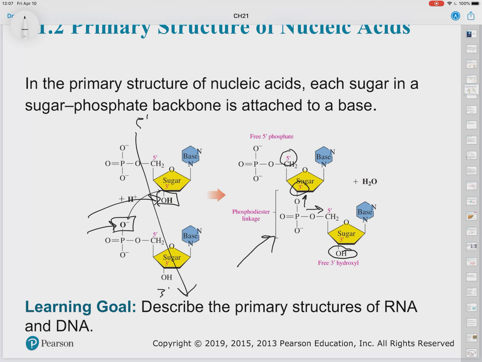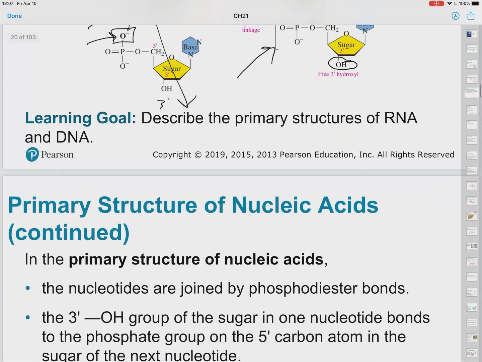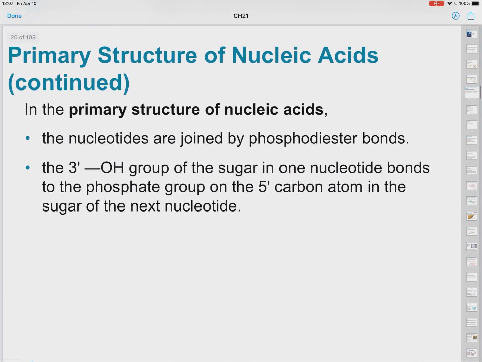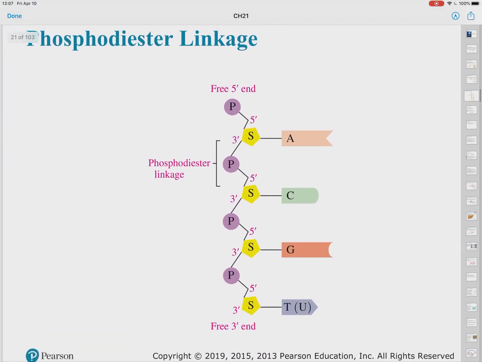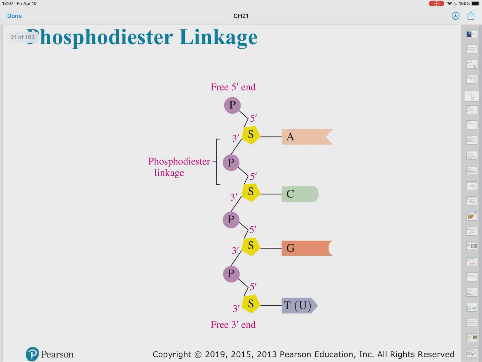And we always will read DNA 5' to 3', just like we always read proteins from N to C. Okay, so primary structure is just the sequence of them, the way they're all joined together.